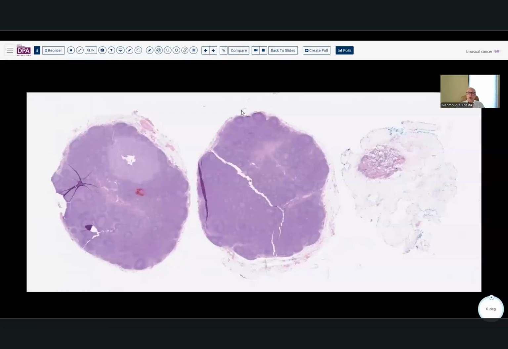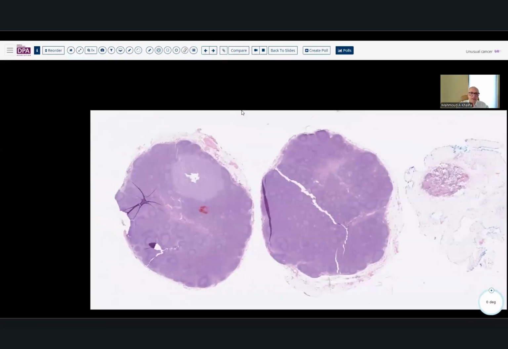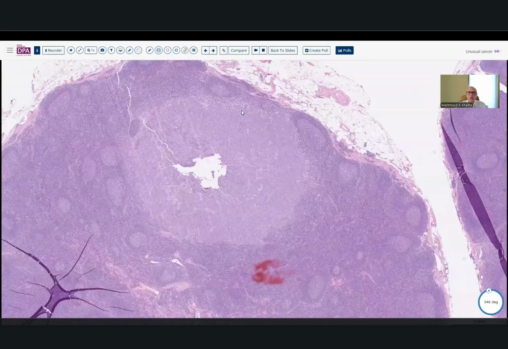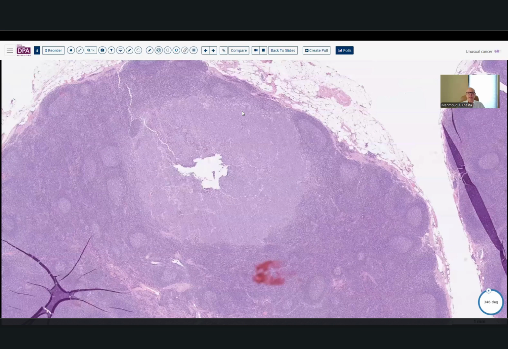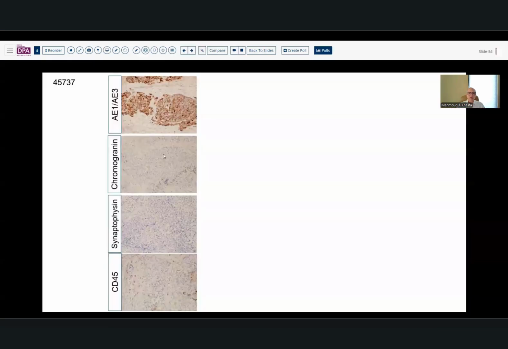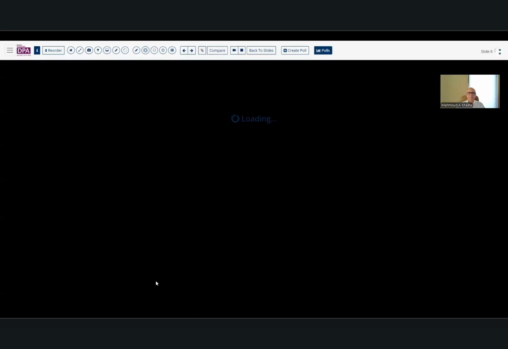Undifferentiated carcinomas commonly will have neuroendocrine differentiation. So a case of undifferentiated carcinoma has to be tested for neuroendocrine differentiation. Here is a lymph node with metastasis in the lymph node. The case was positive for cytokeratin, negative for chromogranin and synaptophysin, and negative for lymphoma.